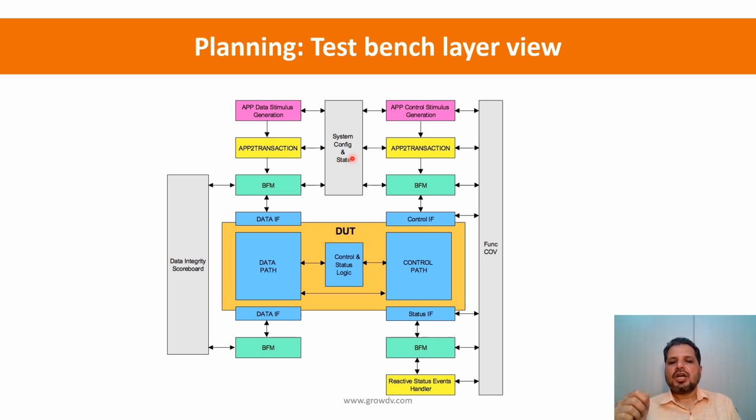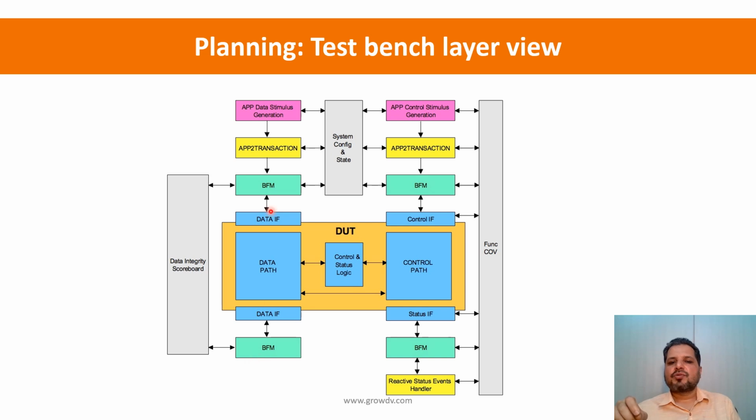And on the left side, if you look at it, we have a data integrity scoreboard. What the data integrity scoreboard will do is take the input from whatever reference stimulus we have applied, and when the DUT transforms that stimulus and generates some responses, we collect it over here and do the end-to-end matching to make sure that the intended functionality end-to-end is satisfied by this design.